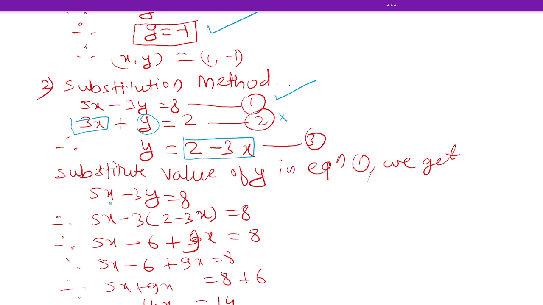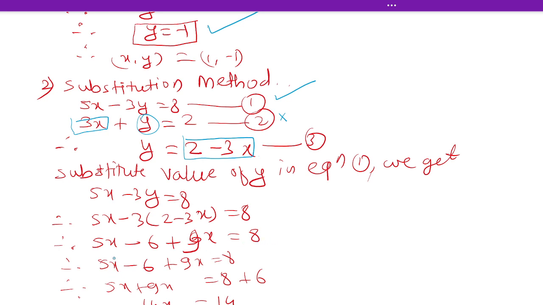So now my equation 1 was 5x minus 3y equals to 8. When I substitute this value, it will go like this: 5x minus 3 bracket 2 minus 3x equals to 8. Therefore 5x minus 6 plus 9x equals to 8.